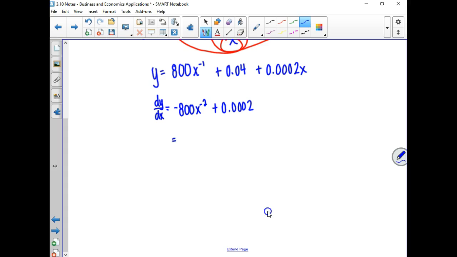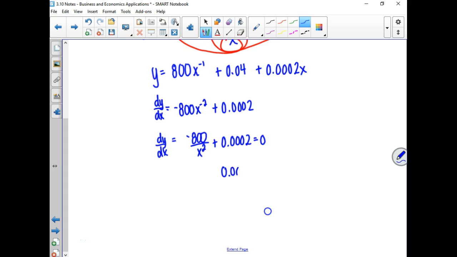I'm going to write this back as negative 800 over x squared plus 0.0002. We need to set that equal to 0. 0 would be a critical value because it would make this undefined, but we need to find the other one, which is probably going to be our answer.